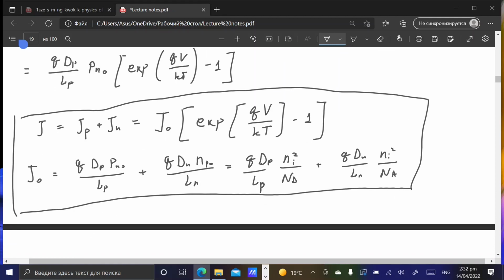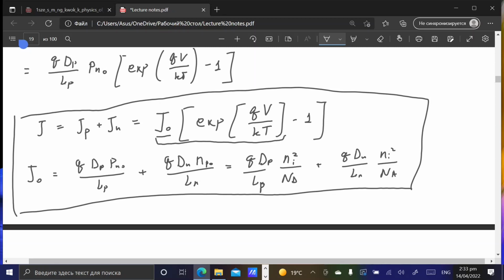When we apply forward bias, we will have this part active because the exponent will be large; forward bias is positive, so it will exponentially increase. When we apply reverse bias, this will be negative, and the exponent with a negative argument will be much smaller than unity, so it will be just minus J0 at reverse bias.